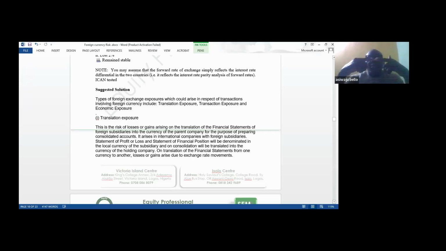Translation risk is the risk that arises as a result of converting the financial statements of foreign subsidiaries into the currency of the parent company for the purpose of preparing consolidated accounts.